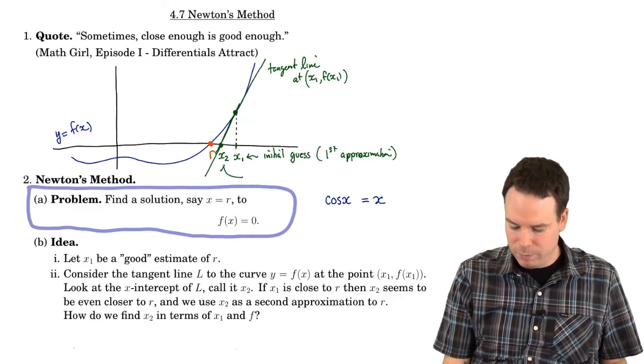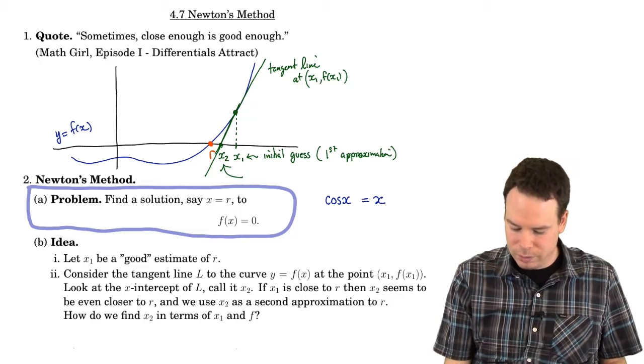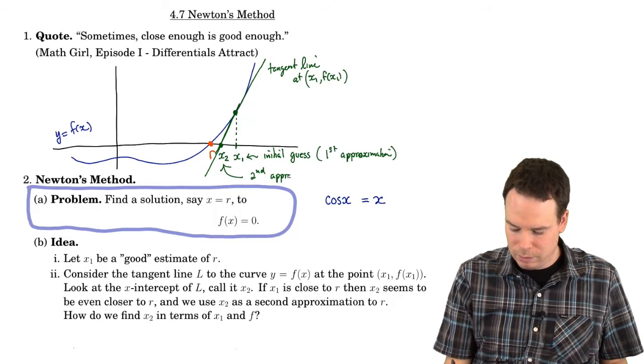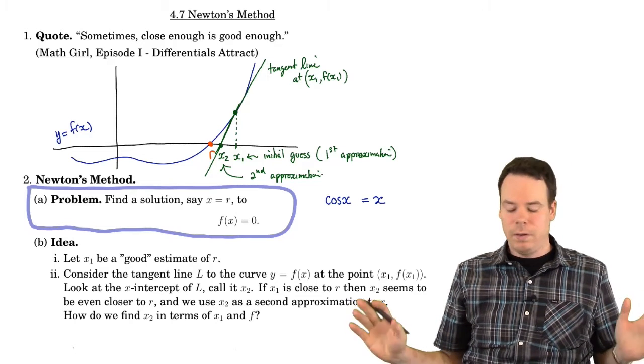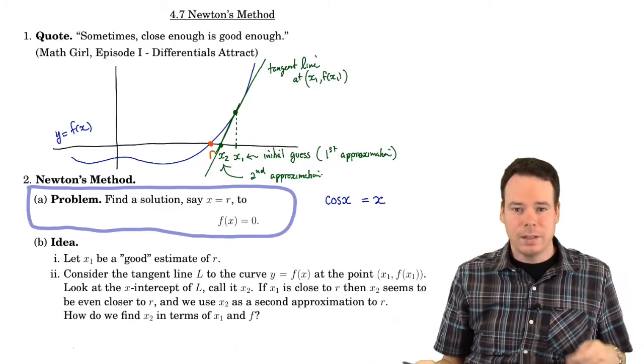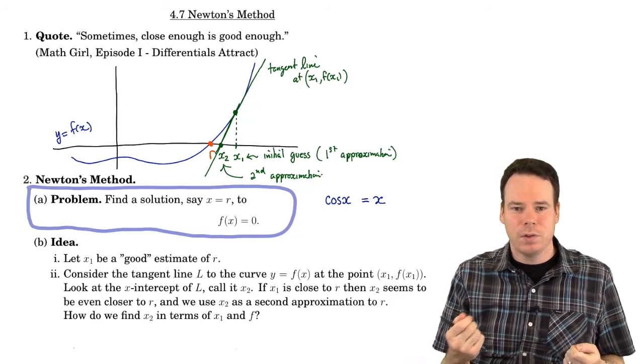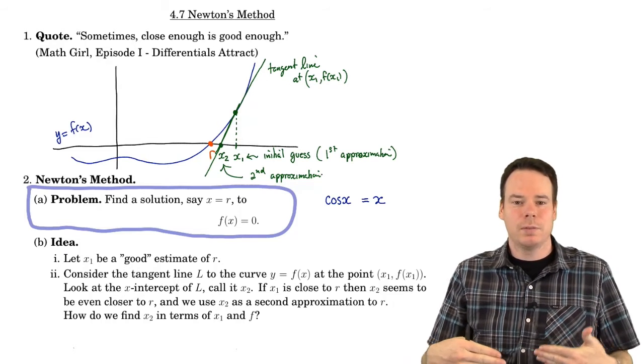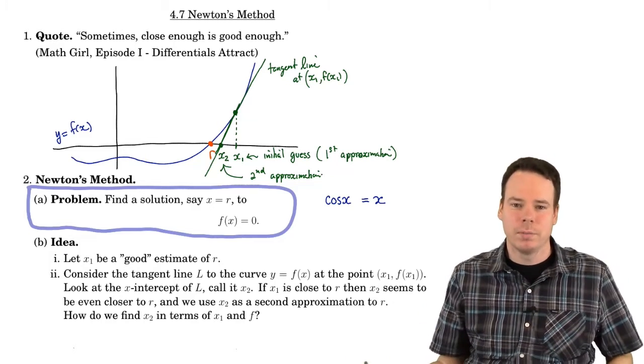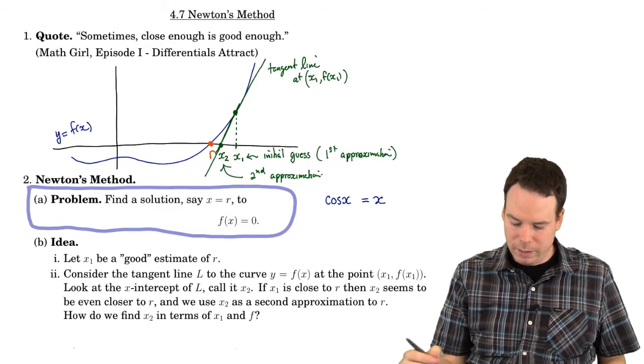And then we get from that, through this tangent line process and looking at the x-intercept, we get a second approximation. And if everything's nice, then we expect that the second approximation to be better than the first approximation. So we have expected to improve our approximation. And so that's the idea.